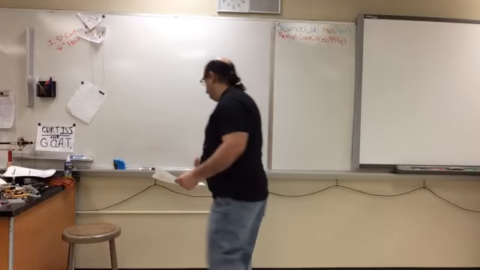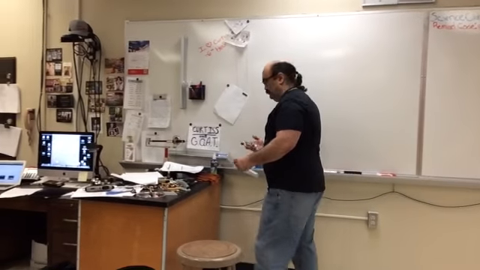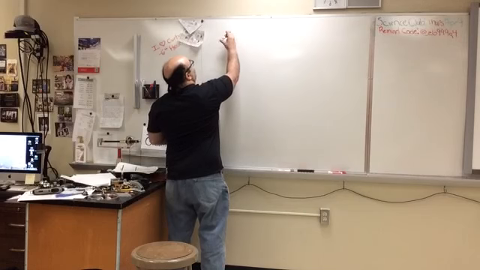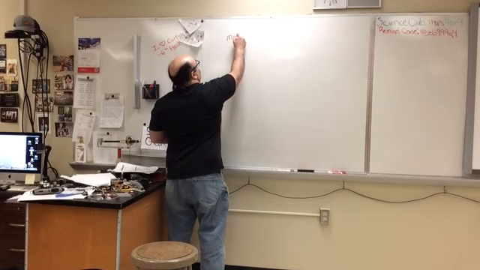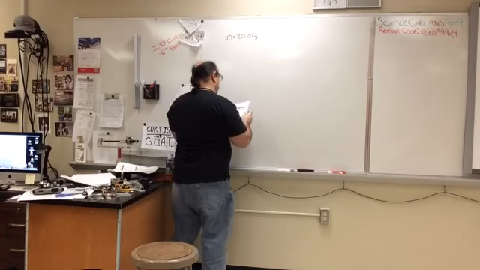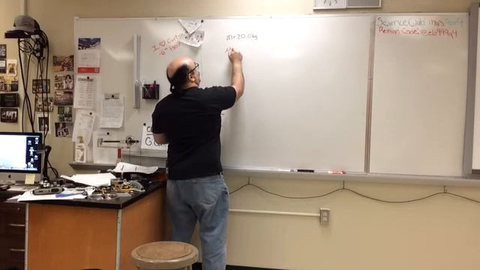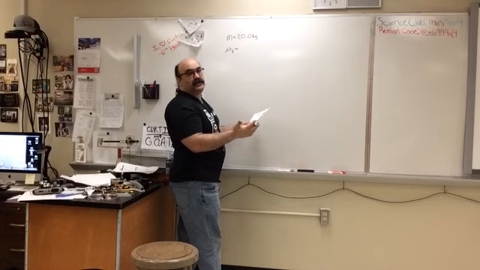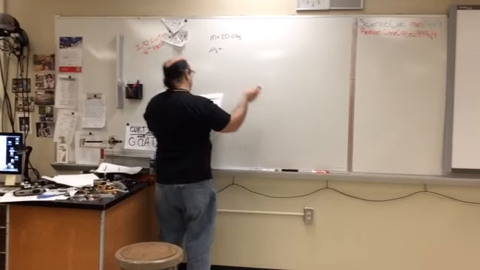Okay, so things we know. We have a mass, and that's 20 kilograms, 3 sig figs there. You have a coefficient of kinetic friction. This only applies when it's moving. If it's static friction, it hasn't moved yet.